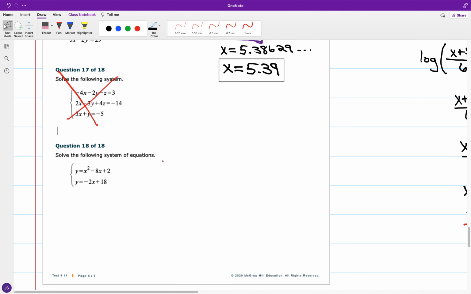For 18, we're looking at solving for x and y such that y is equal to x squared minus 8x plus 2, and y is equal to negative 2x plus 18. So in the system, we have a quadratic function as well as a linear function.